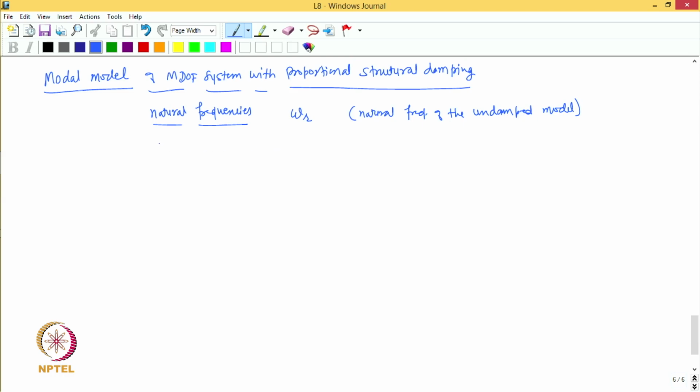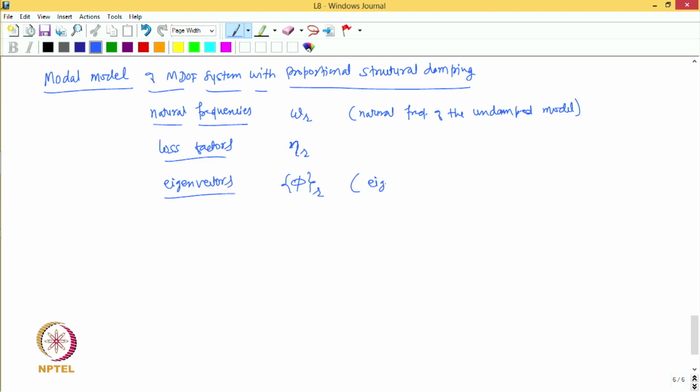Then we have the loss factors eta, and then we have the eigenvectors, which are nothing but the phi r, and this is nothing but the eigenvector of the corresponding undamped model.